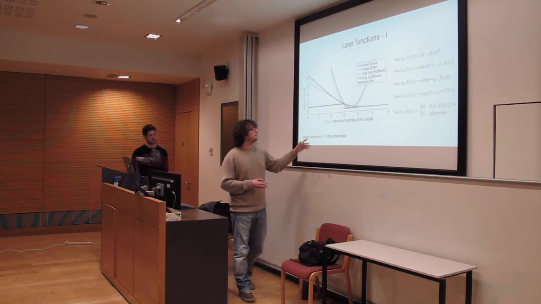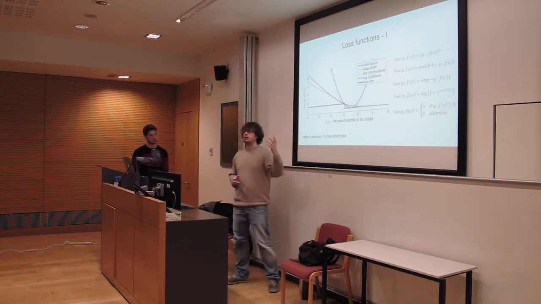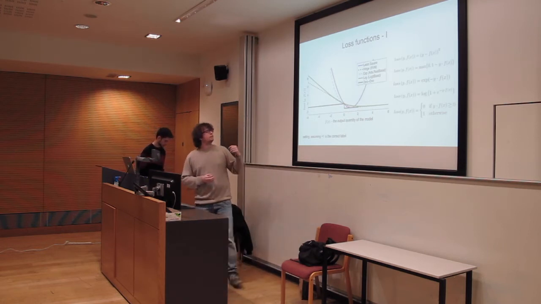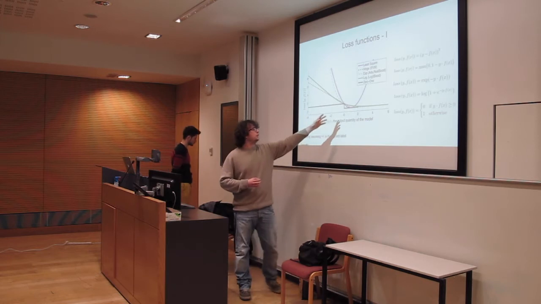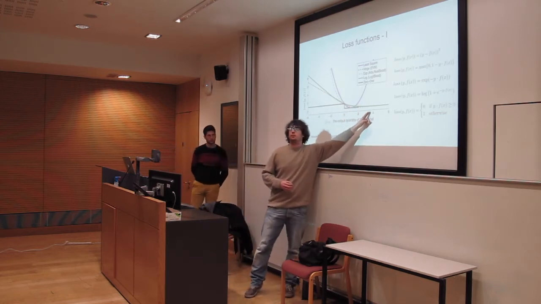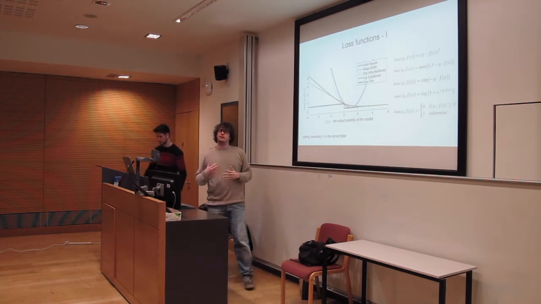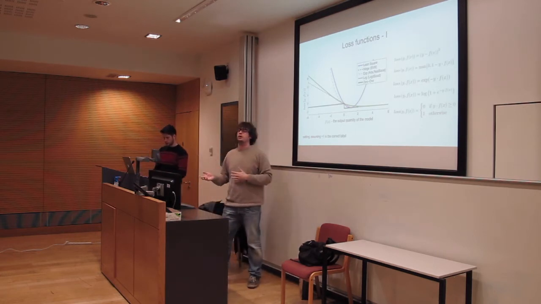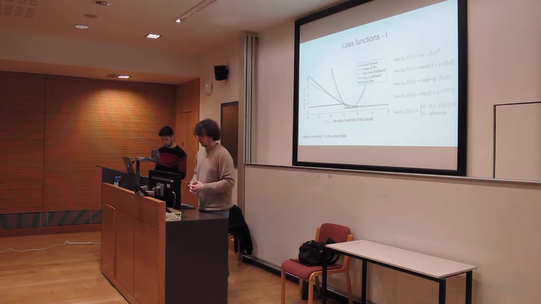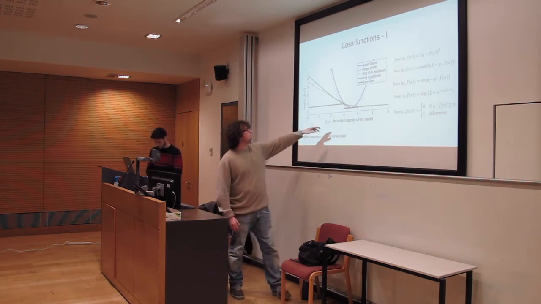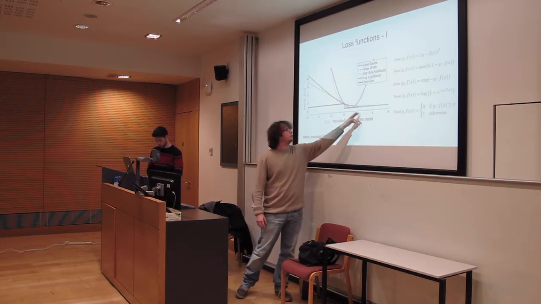Depending on your problem, you might have different things which you want to optimize. You might not be interested in making subtle differences between this position here or this position here. For example, if your label can be just +1 or -1, you might be interested just in being able to predict if the number is positive or negative, and then your loss function will not care at all about how far you are from 1.